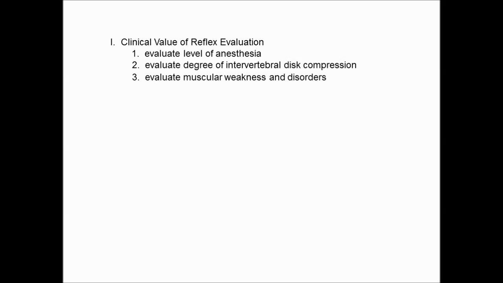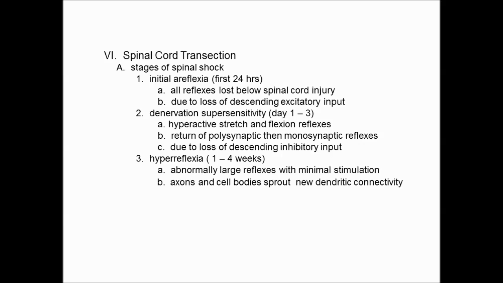Wanted to talk a little bit about spinal cord shock and what occurs with unfortunate transections of the spinal cord. Initially, after there's a transection or loss of conduction to the spinal cord, there are no reflexes below there. I think it's just complete loss of excitatory traffic.